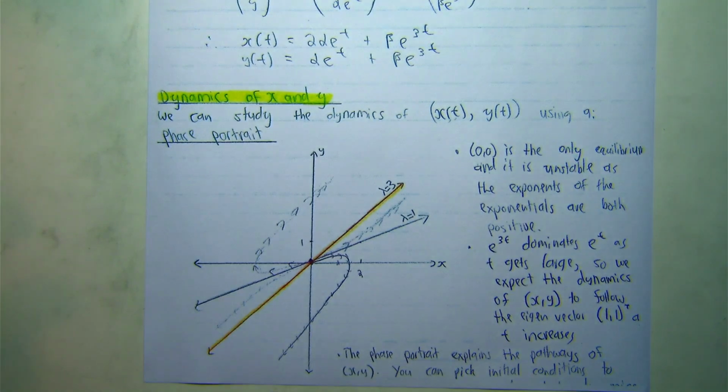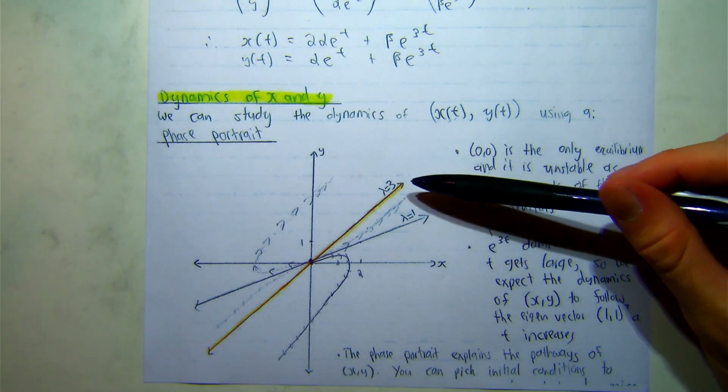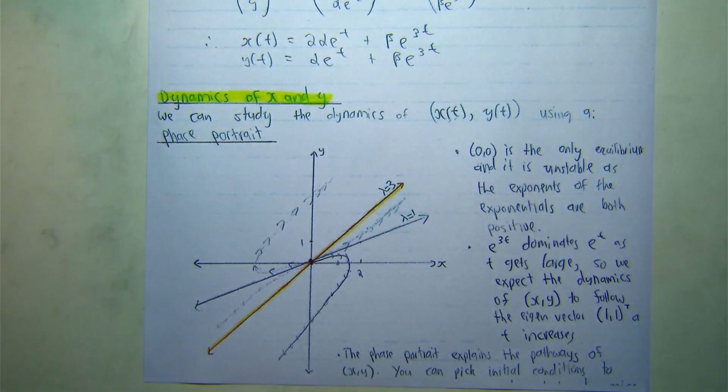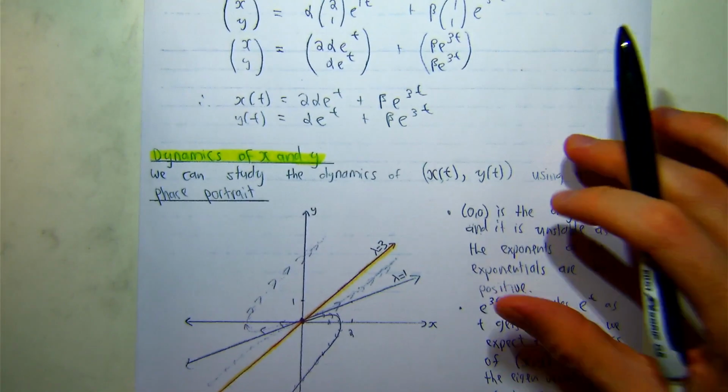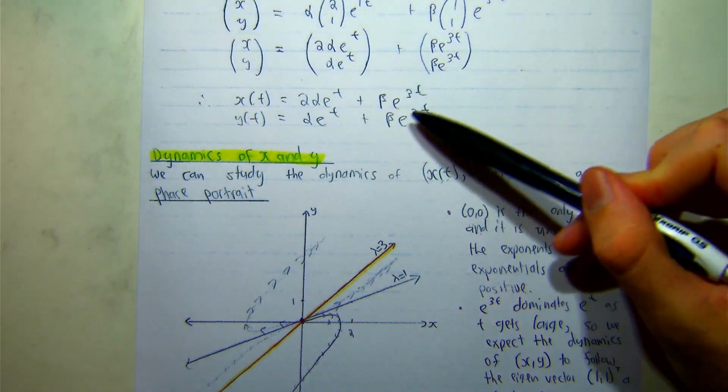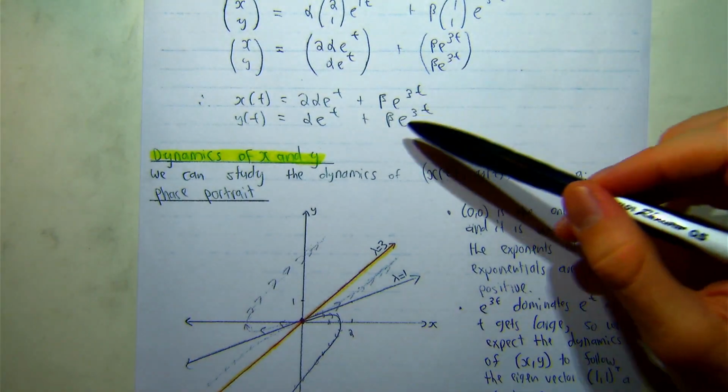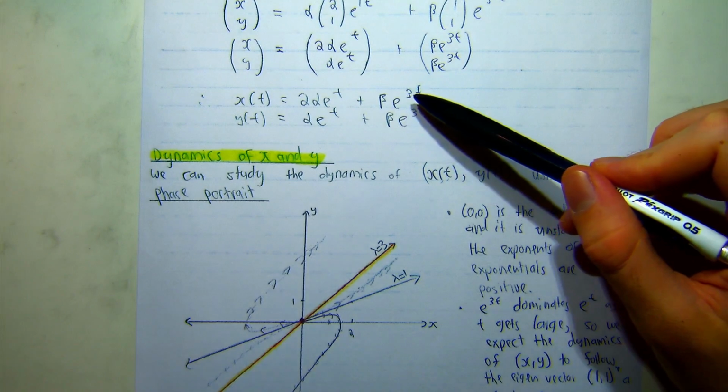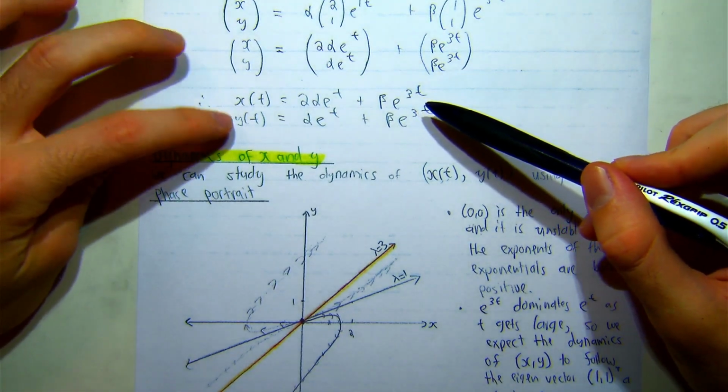And the way that we determine our phase portrait in this case is that the eigenvector that has the larger eigenvalue will be the dominant eigenvector and the dominant direction, which means that as time progresses, this is going to dominate our X of t and Y of t expression.